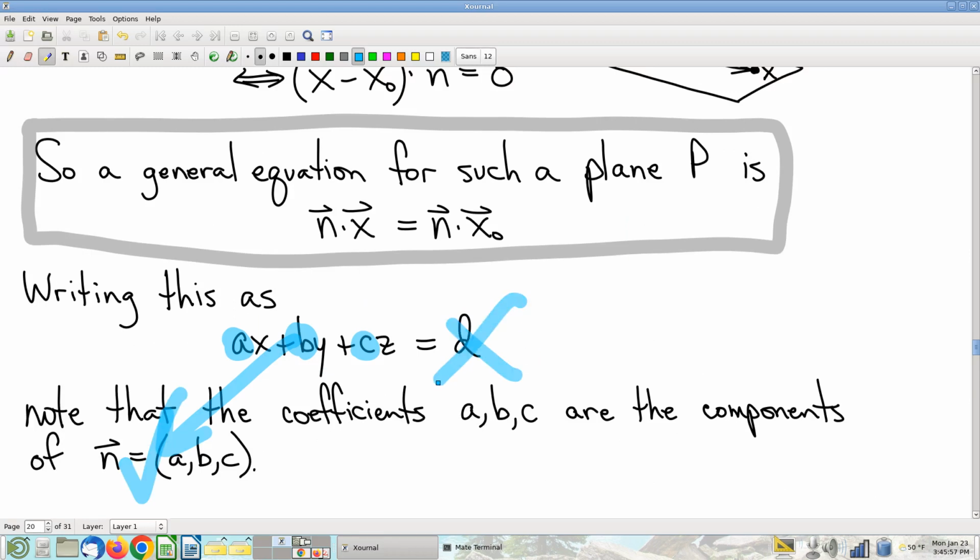Different values of D, so if here's a plane with a normal vector, a different value of D will move the plane, but it won't change the direction that the plane is going. D is just a way of recognizing which of these many planes we're talking about. But you don't need to know which of these planes we're talking about if they're all parallel. The normal vector only depends on the not D part of it. Yeah. Cool.